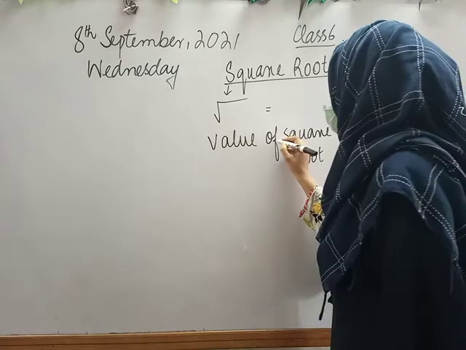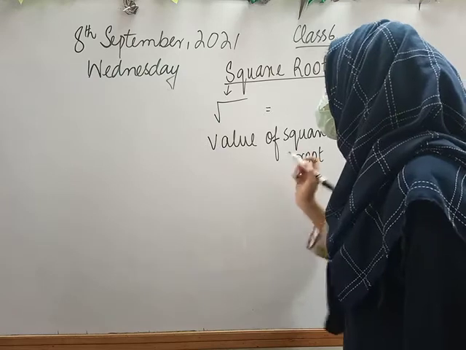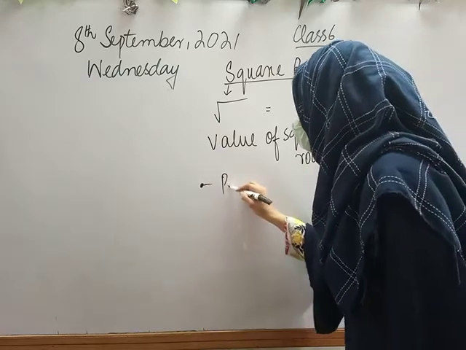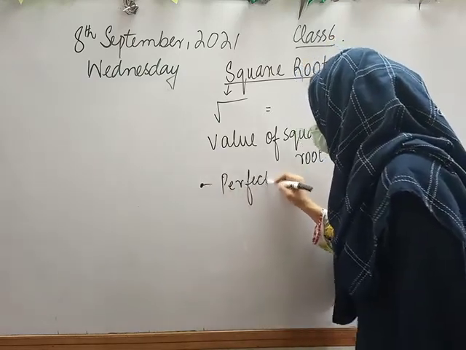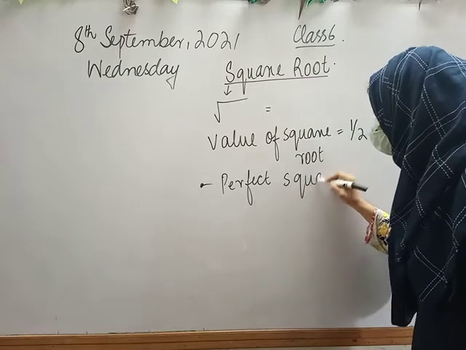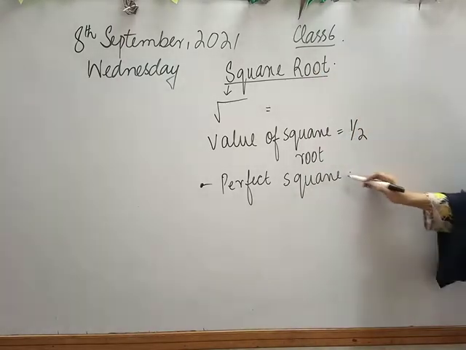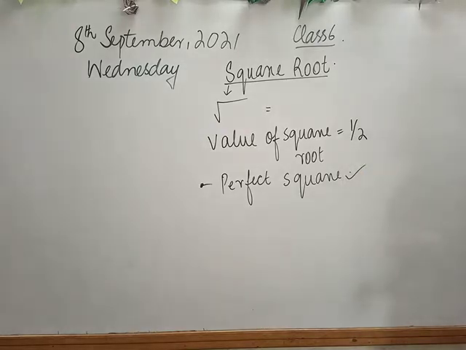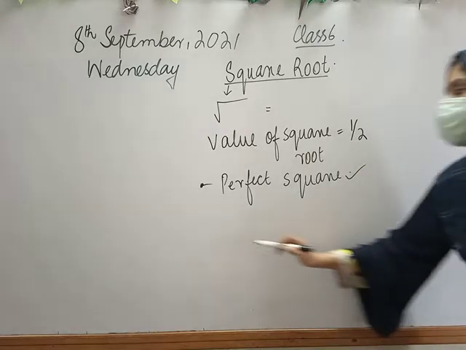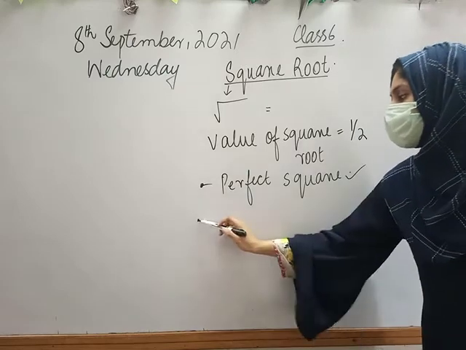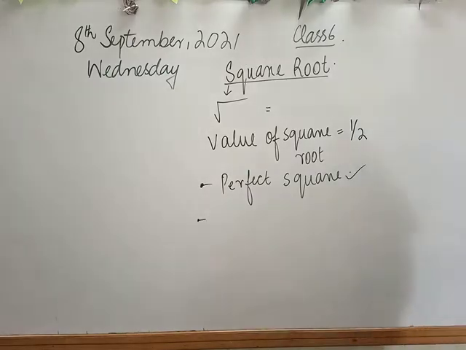Now, for square root, we want perfect squares. For square root or under root, we want perfect square. Fine. Now the next property for square root, we will simply write positive numbers.